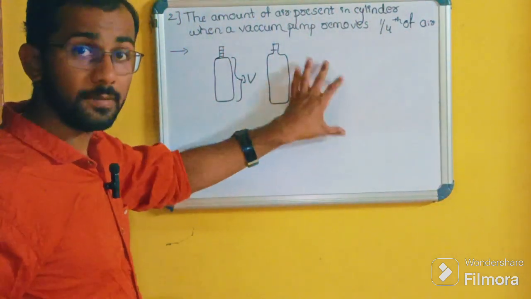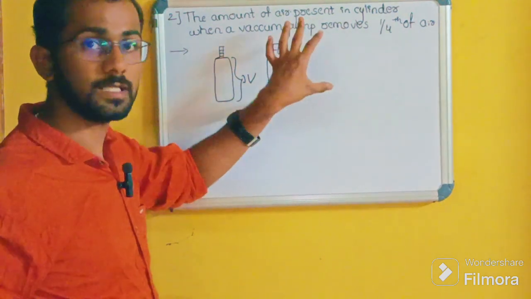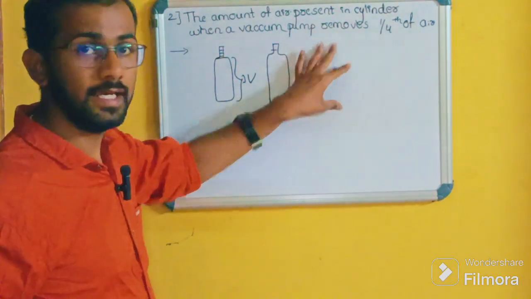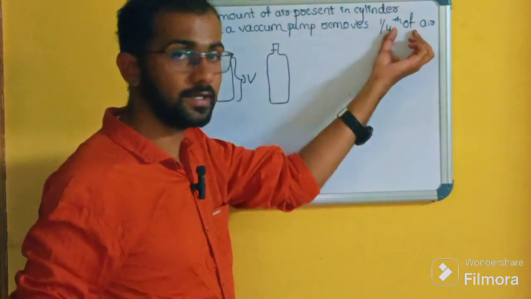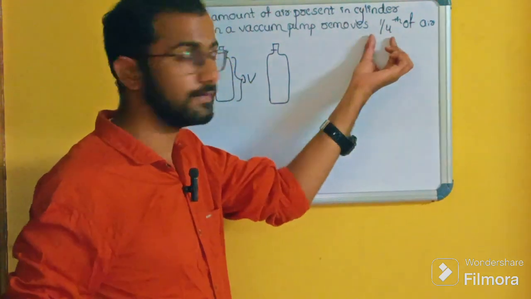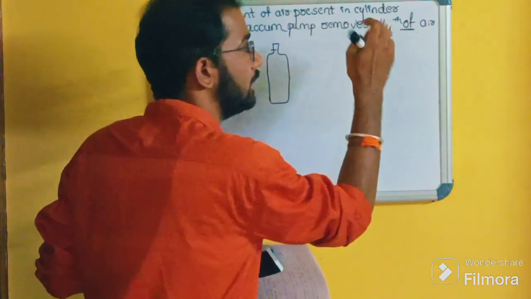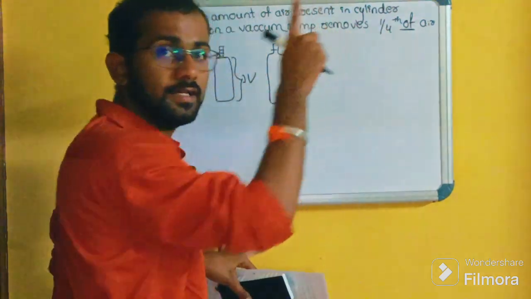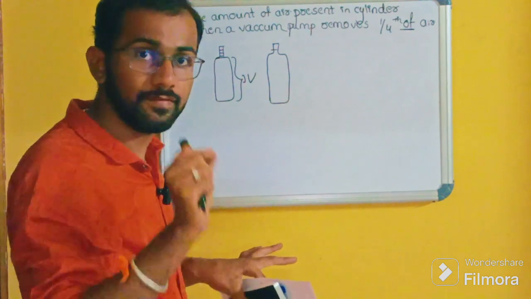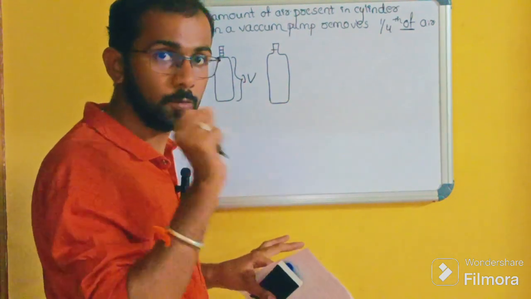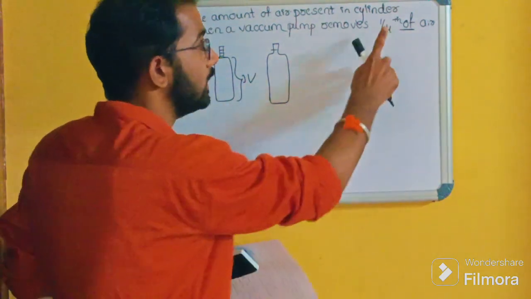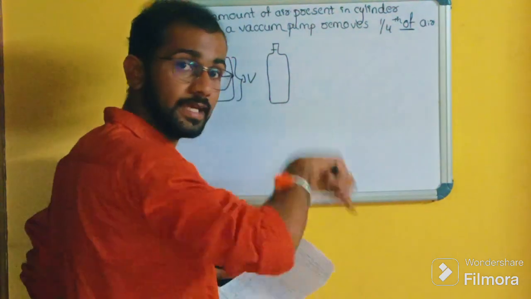In a mathematical question or situation, if you see the keyword "of" with a number, then we need to multiply. So here, one fourth of the remaining air.